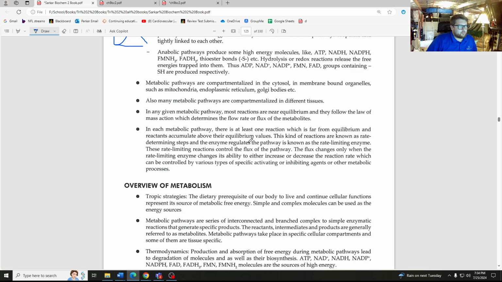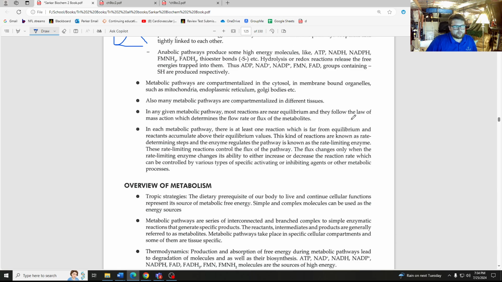Certain metabolic components that we need just happen in different tissues in different ways. In any given metabolic pathway, most reactions are near equilibrium, and they follow the law of mass action, which determines the flow rate or flux of the metabolites.